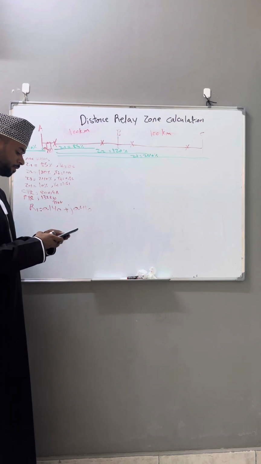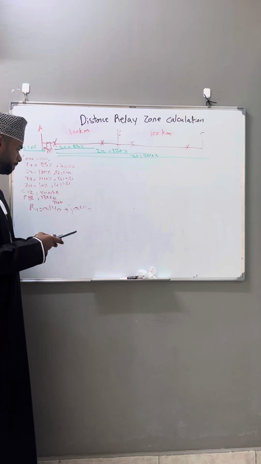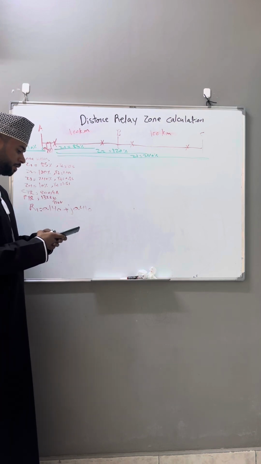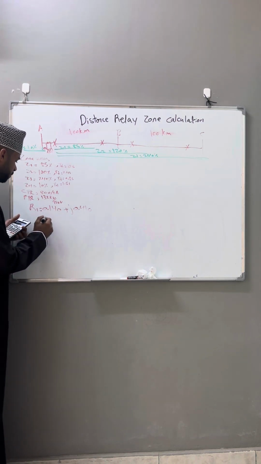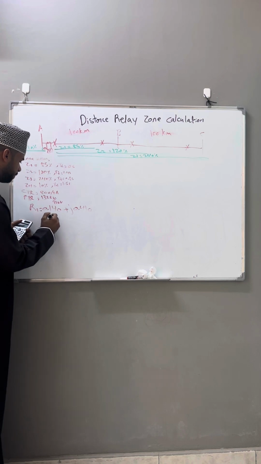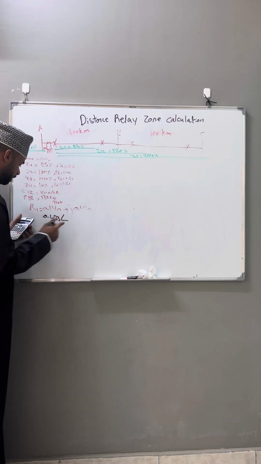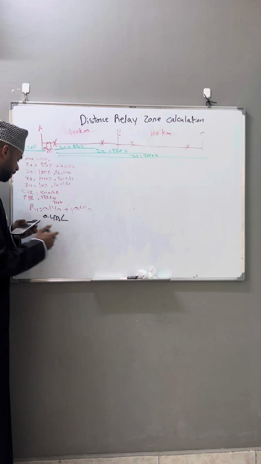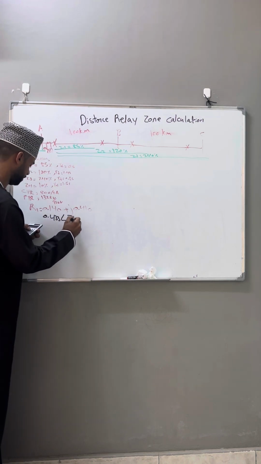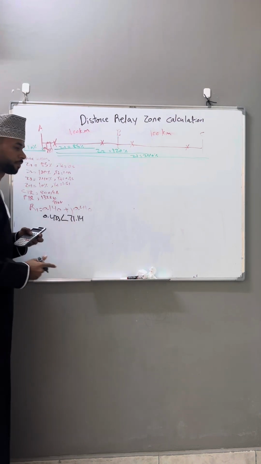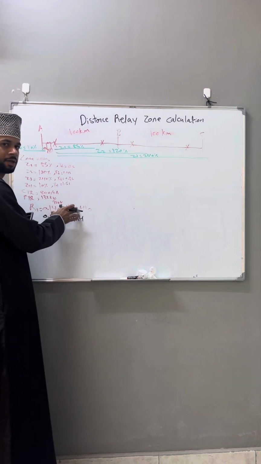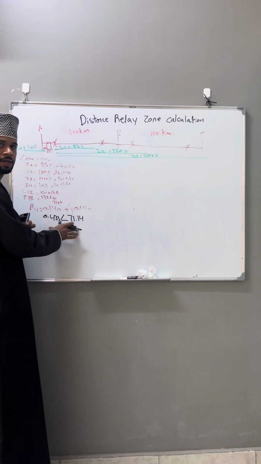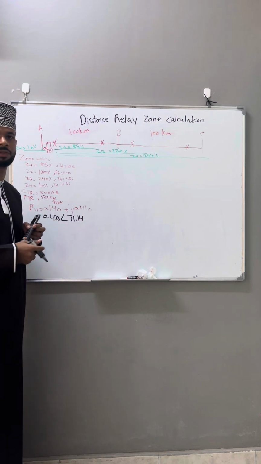So 0.140 and 0.410 in polar form comes to 0.433 with angle 71.14. Before we start the calculation, we need to change it from rectangular form to polar form. So now we can start the calculation.